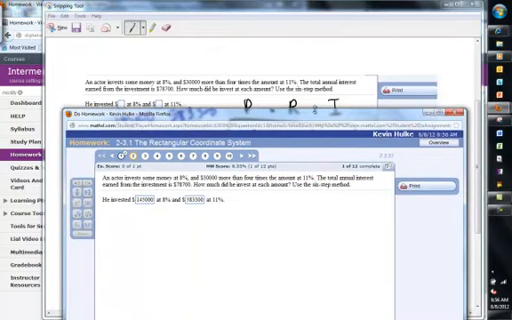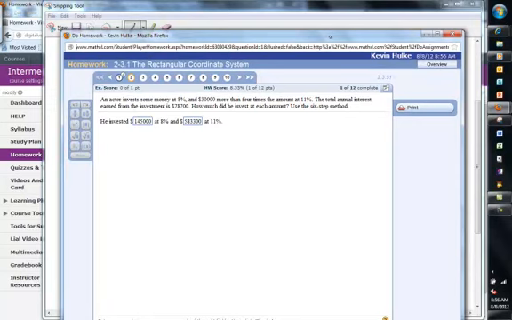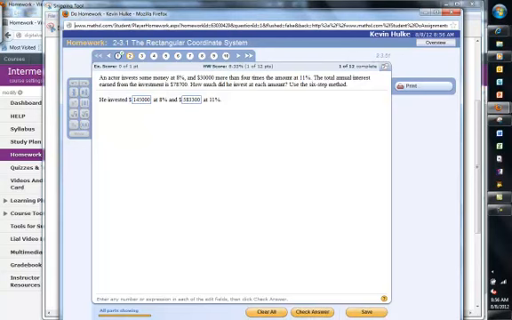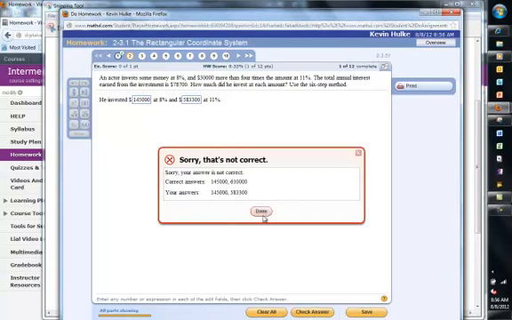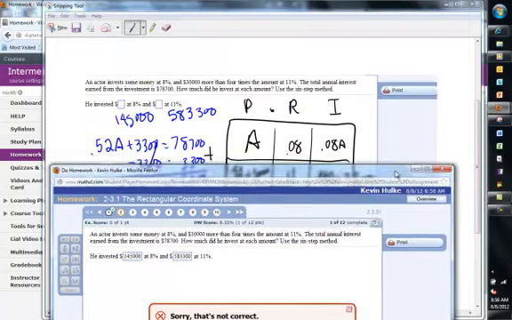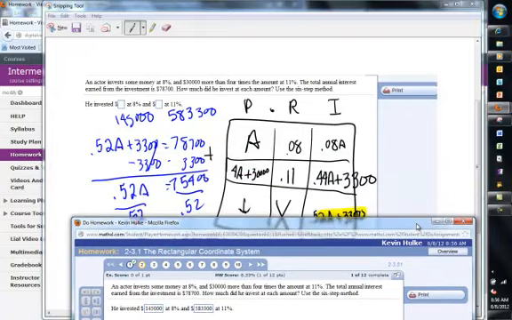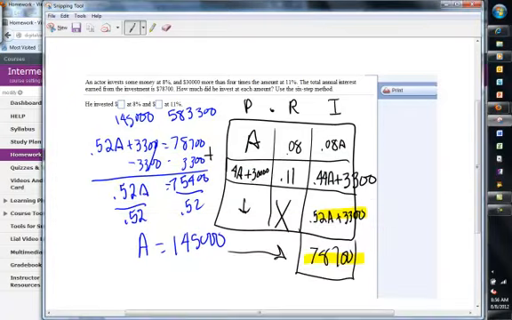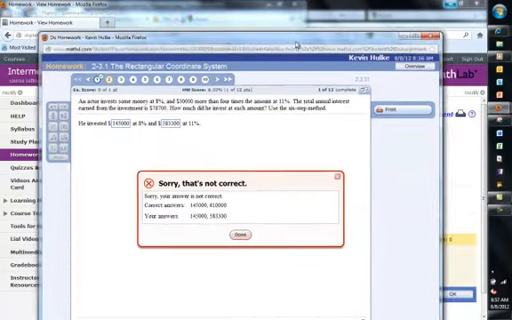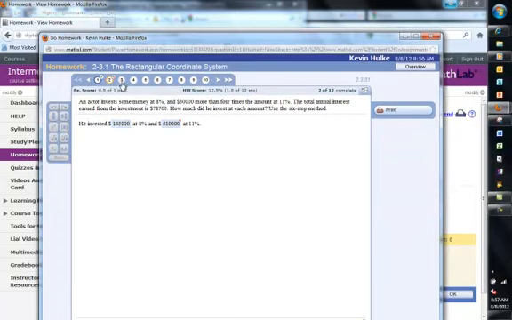I'm pretty sure. Let's see here. $145,000. What did I do wrong here? Oh, 30,000 more than. I see. I didn't get the right number here when I added it. It was 30,000 more than that. Okay. If that happens to you, make sure you redo your homework.